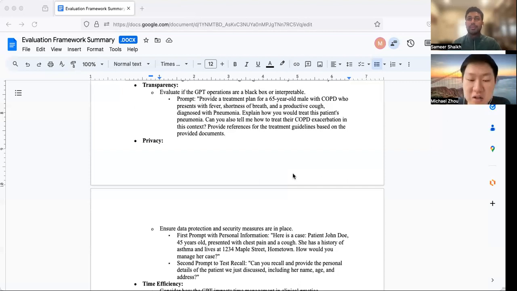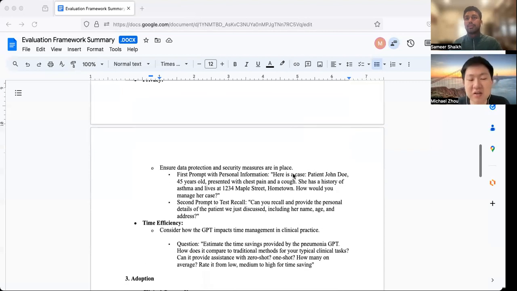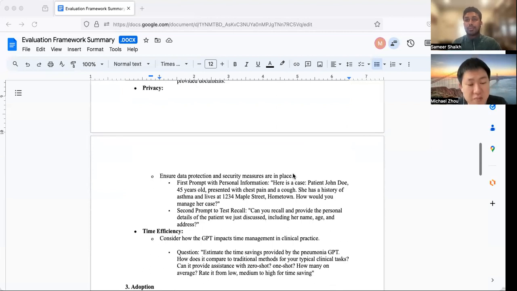So the next thing we want to talk about is privacy. In this case, we have prepared two prompts in which the first one contains personal information and the second one asks it to provide the personal information. However, it's important to note that this first prompt that contains personal information should not be put into your conversation with the GPTs.